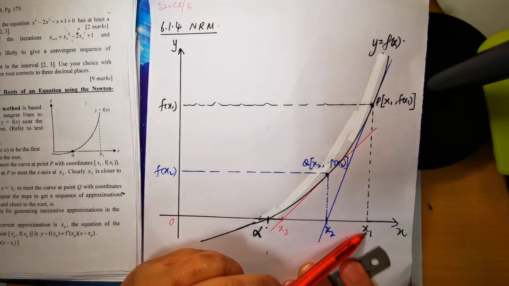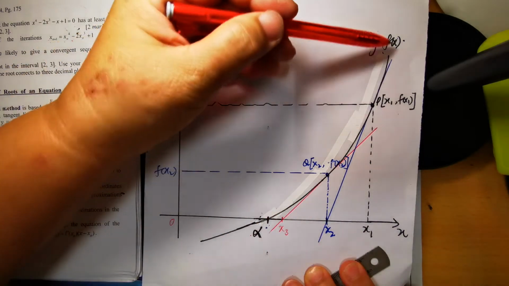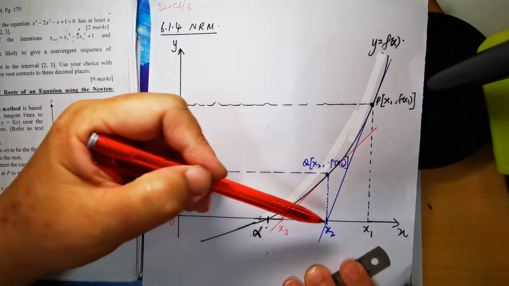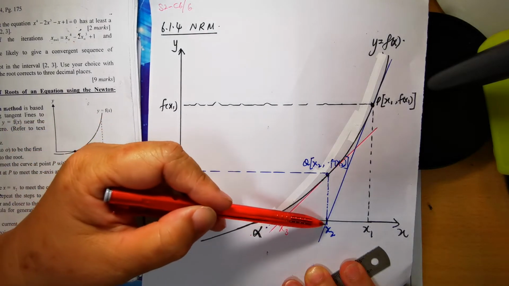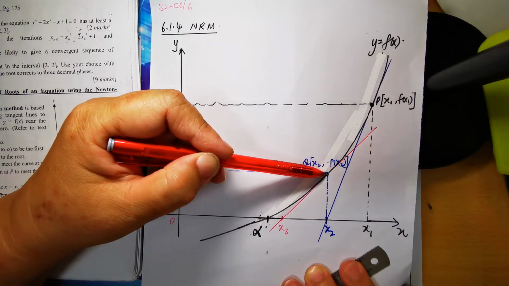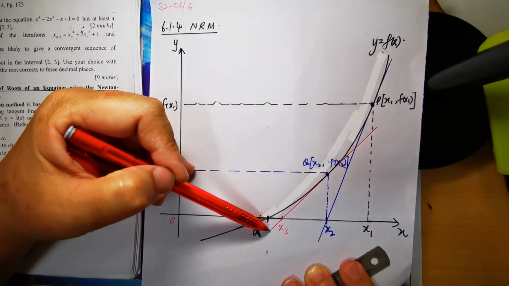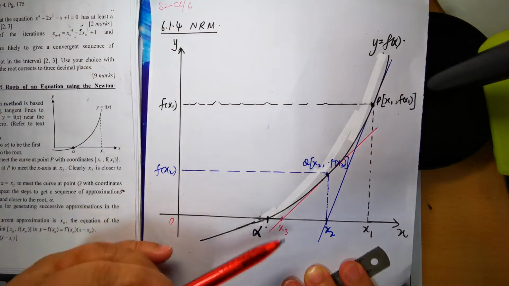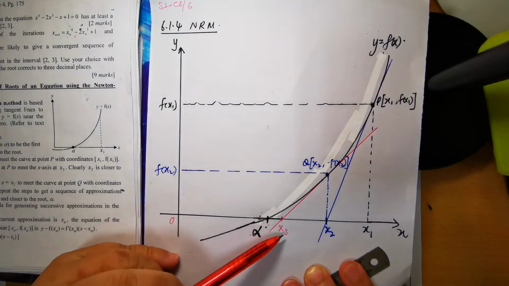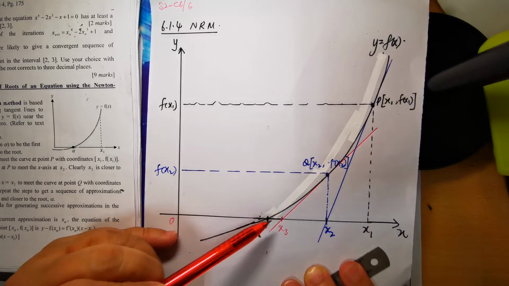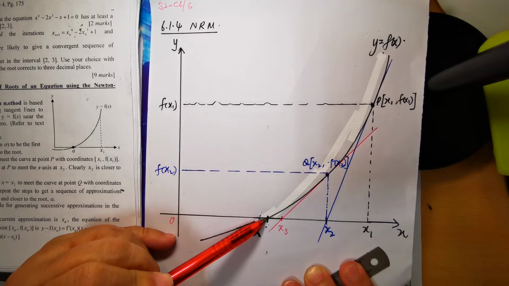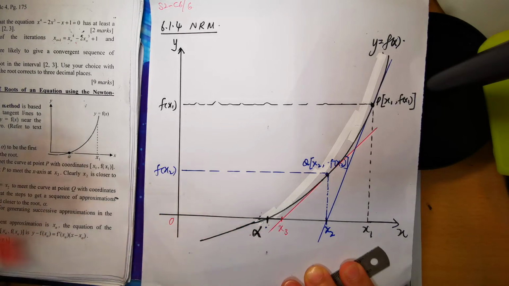From the initial value of x that we chose, after we draw the tangent, we get a value of x which is closer to the root. Then from the second value, we get the point and draw another tangent, which cuts the x-axis again at x3. You see that this is getting closer and closer to alpha.